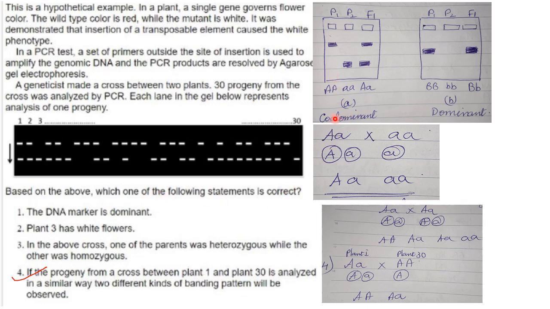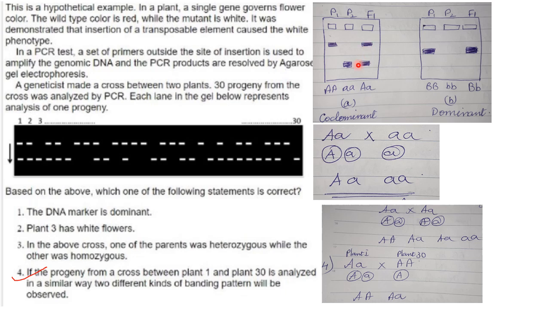Before coming to that, I will tell you what is a dominant marker and a codominant marker. Codominant markers can clearly discriminate between the homozygote and the heterozygote. See here it is parent 1, parent 2. This is F1 progeny. So capital A, small a. You will get a progeny as capital A, small a. Both the bands will be seen.